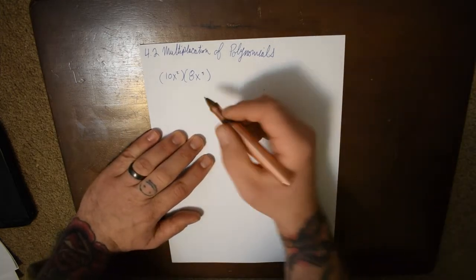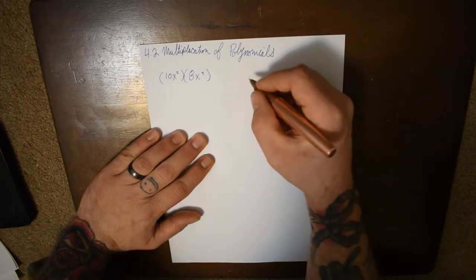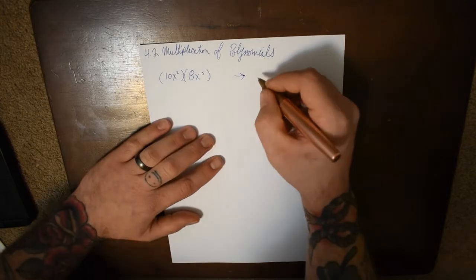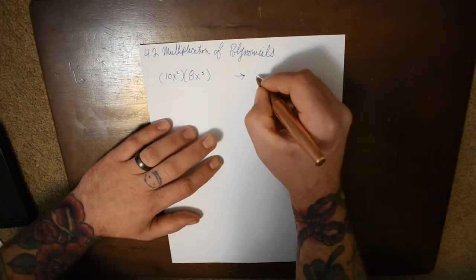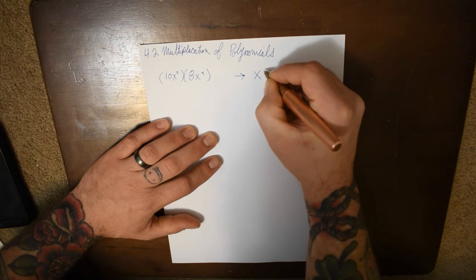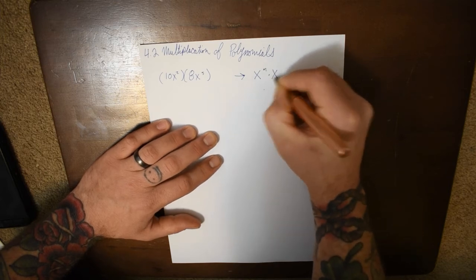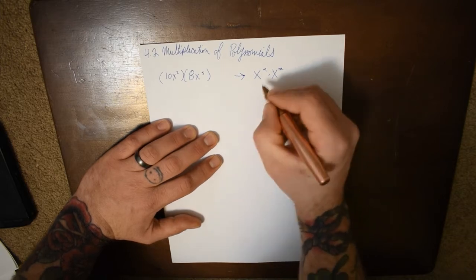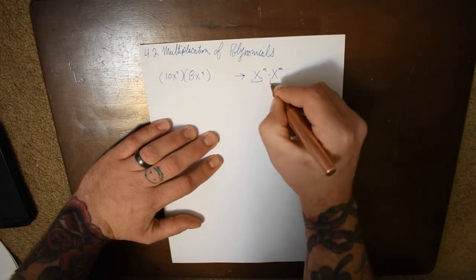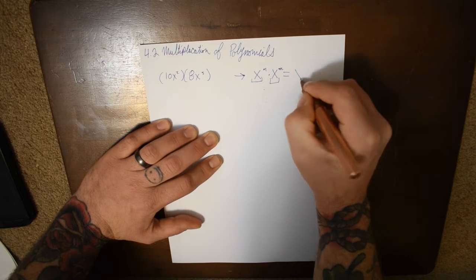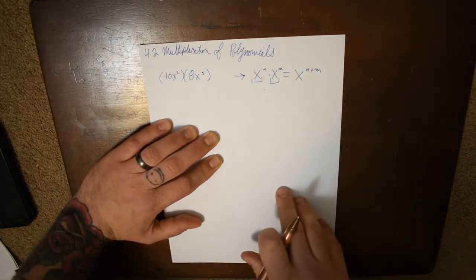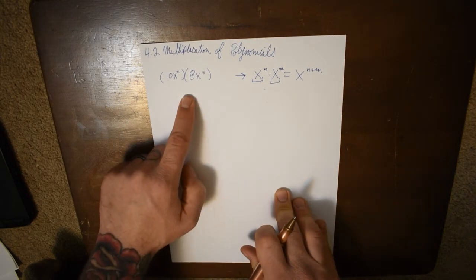And something that might help us along the way is we can remember that when we multiply two factors with the same base, say x to the n times x to the m, their product has the same base and we add their exponents. So that's what we're going to do over here.